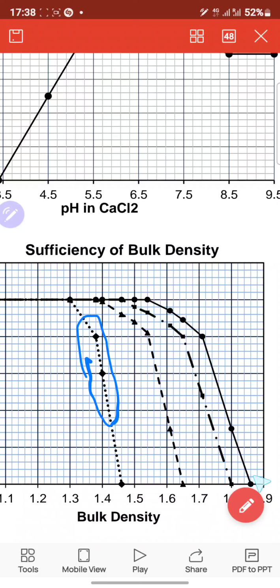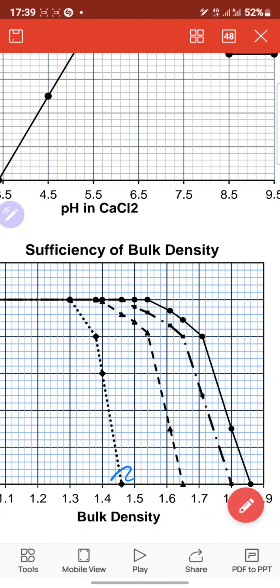If this is another type of soil, this is another, so you need to consider the type of soil that you have so that you know the right curve to follow. So 1.4, if we come here, is this line here, until it hits, then it goes this side.